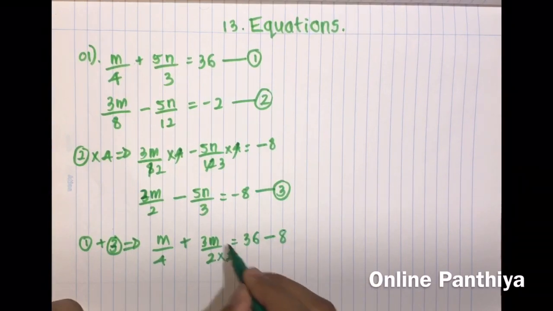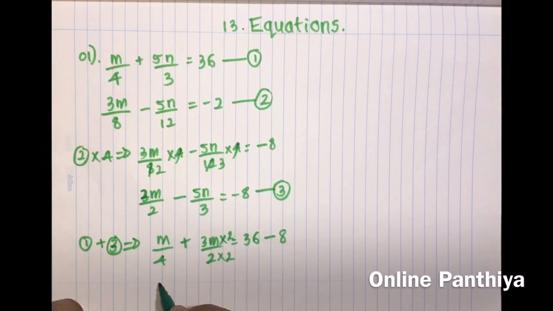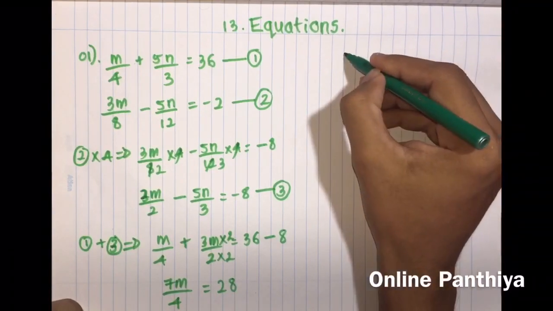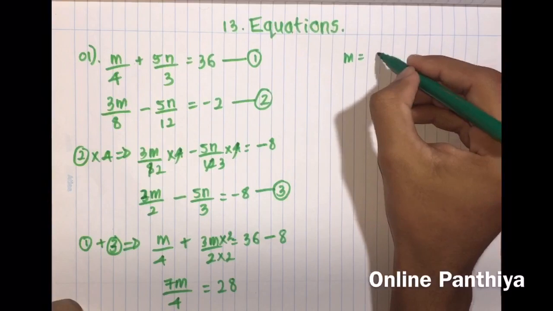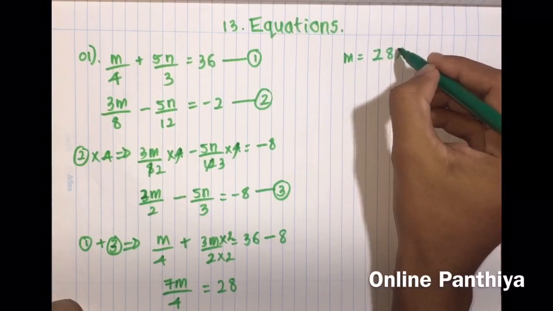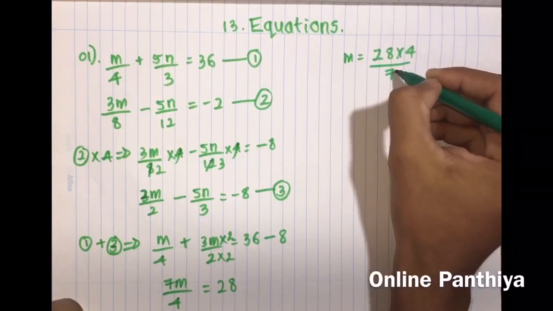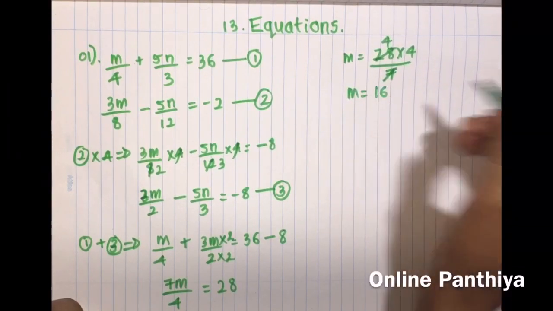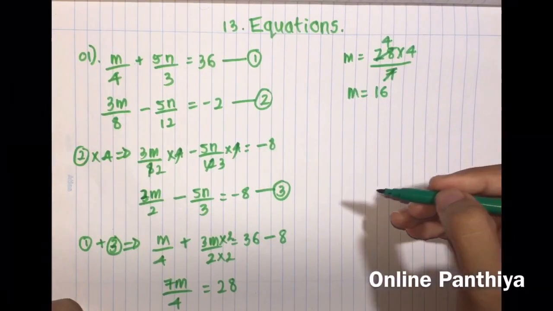So here, multiplied by 2, multiplied by 2, you have 7m over 4, that is equal to 28. Therefore the value of m is, you multiply 28 by 4 and divide by 7, that is going to give you 16.